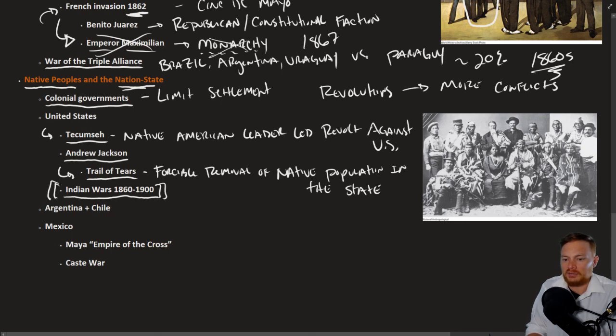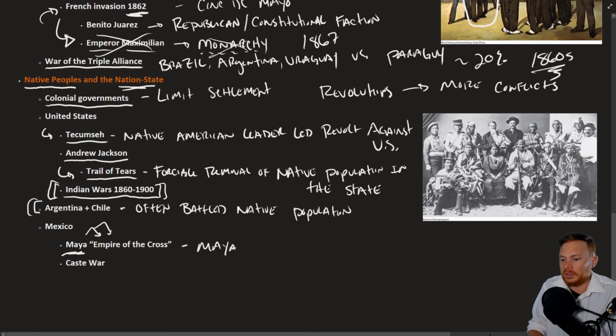The same thing was true of Argentina and Chile, which also often battled native populations. In Mexico, the Maya people created a separate independent kingdom known as the Empire of the Cross. So this would be maybe a Maya empire. They also led a revolt called the Caste War.